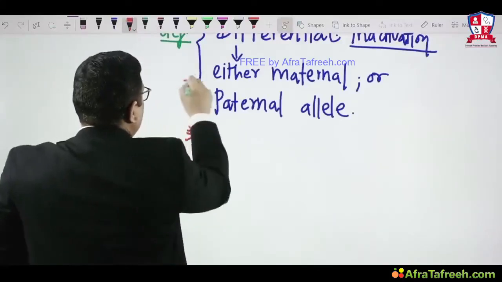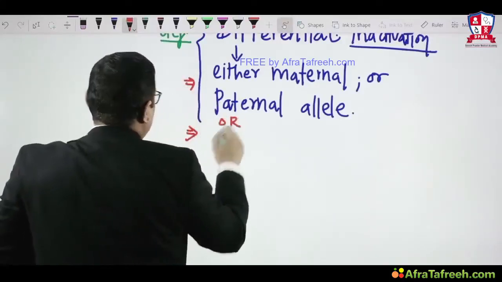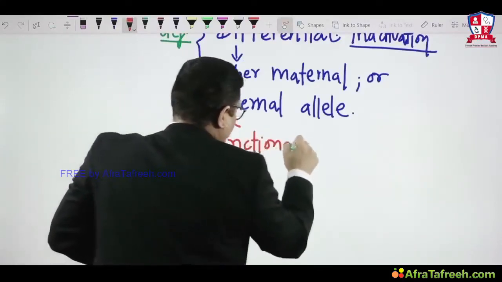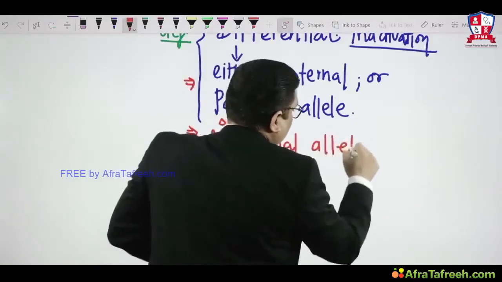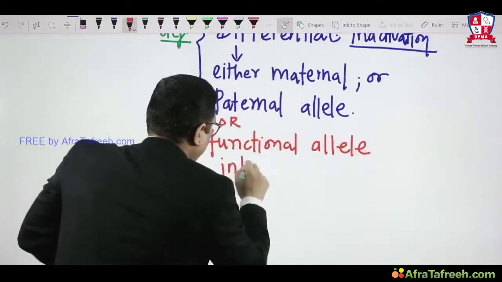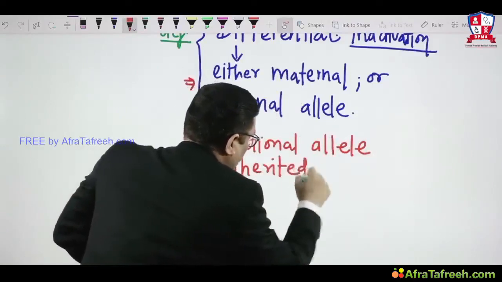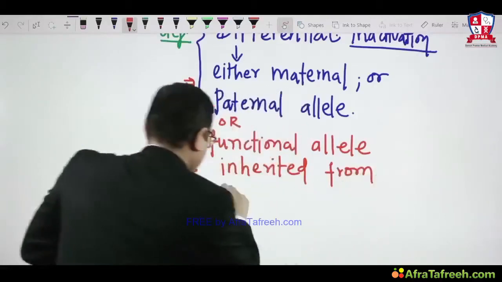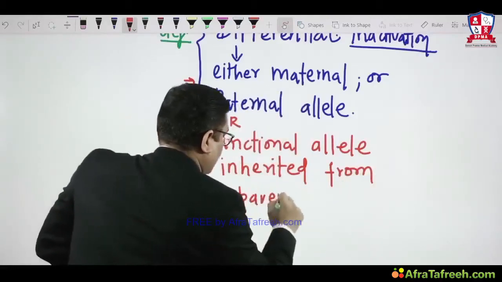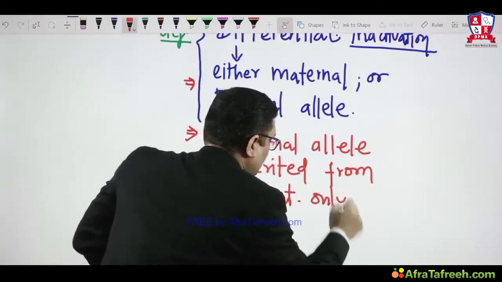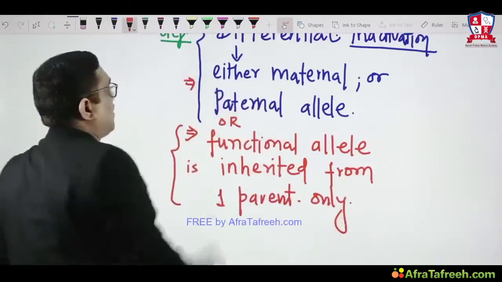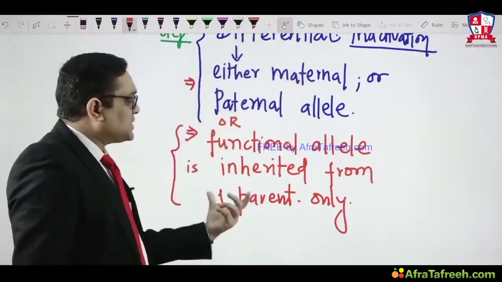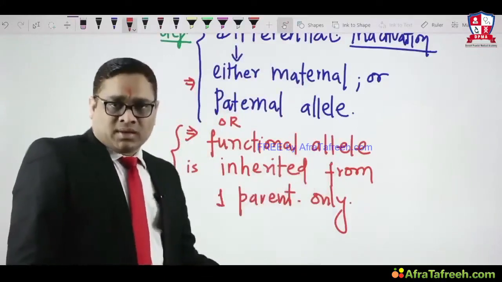Okay, a functional allele is inherited from one parent only, right? So this is another definition of genomic imprinting. Same thing: differential inactivation of either maternal or paternal means the functional allele is from one parent, right?